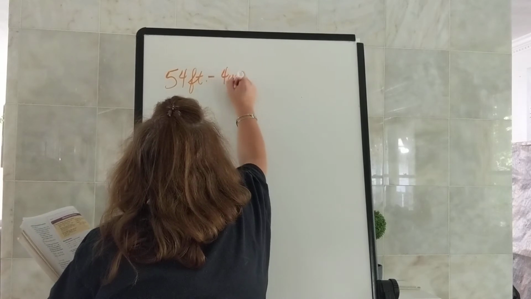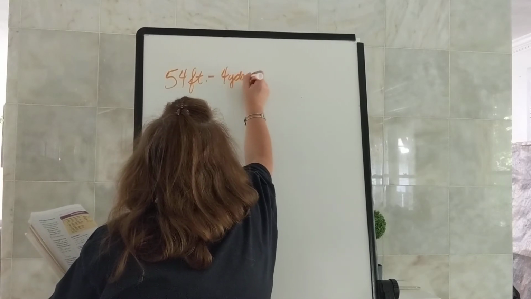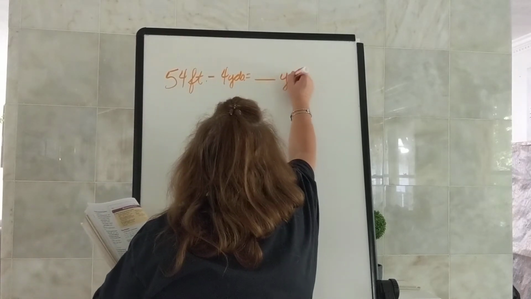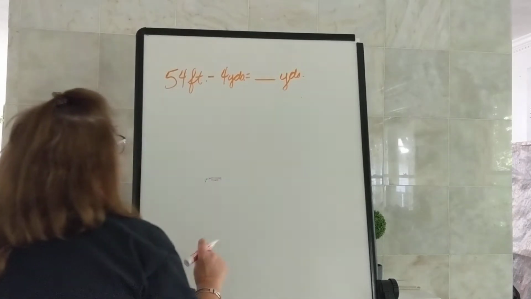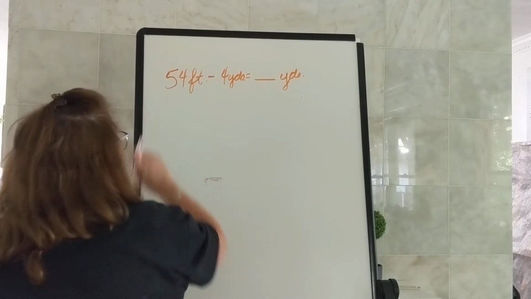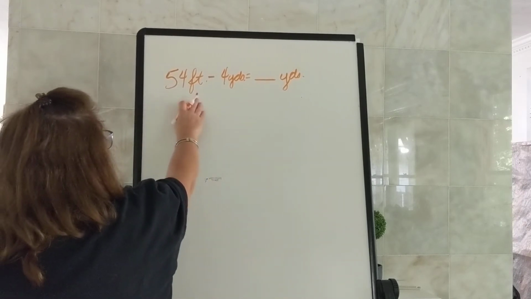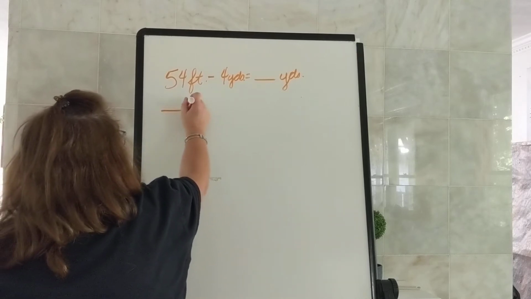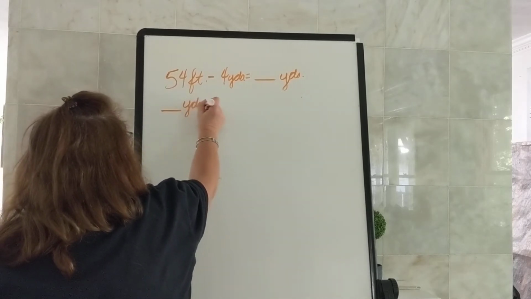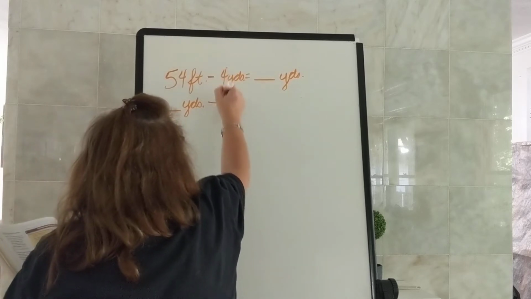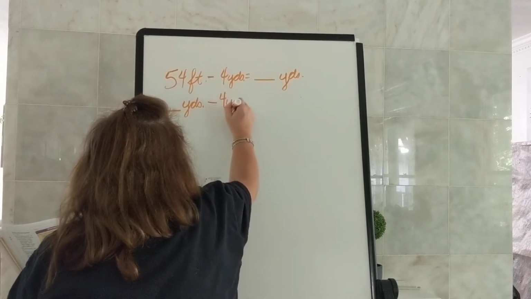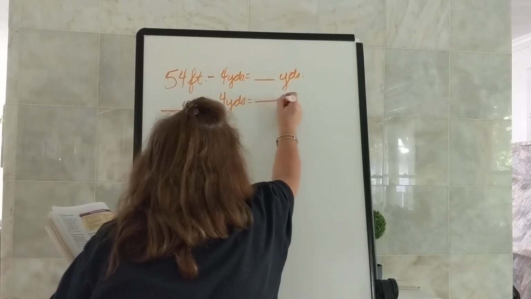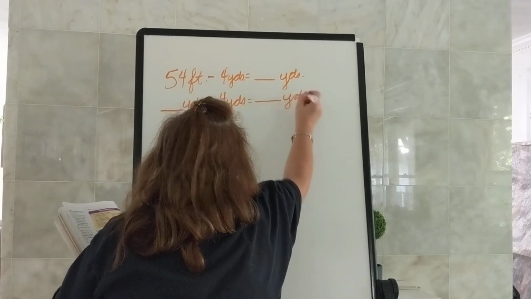Minus 4 yards equals blank yards. So our answer has to be in yards. One of these is not in yards, so we're going to have to make it in yards. Feet is definitely not yards. So we're going to say blank yards minus, we're just going to copy this as it is because it's already yards, minus 4 yards equals, and we'll just copy this because that's where we're going to write our answer, blank yards.